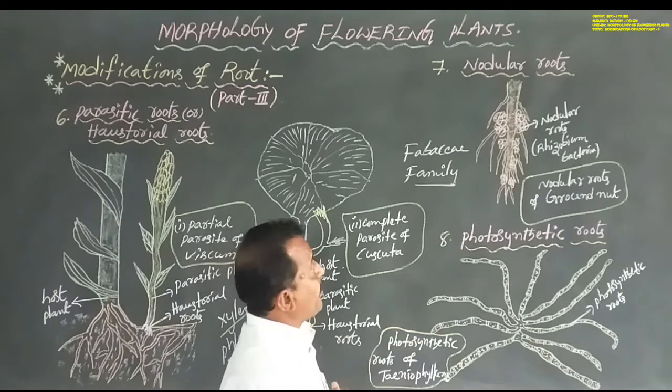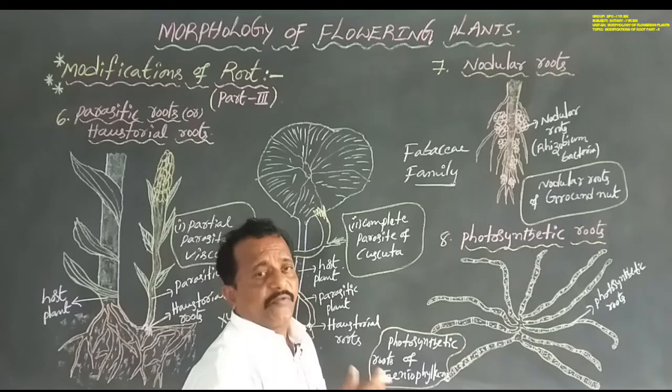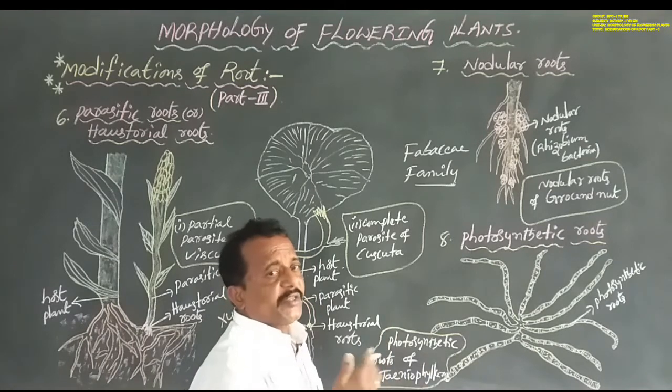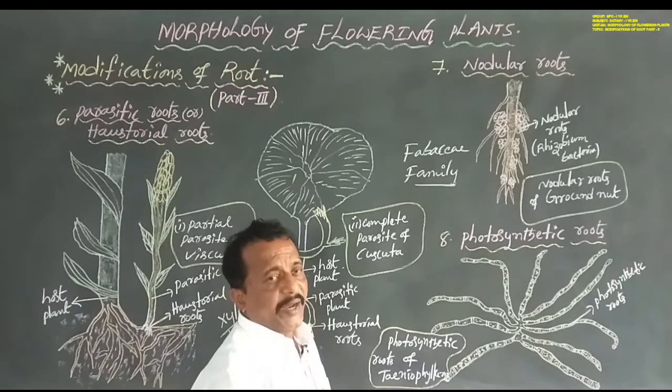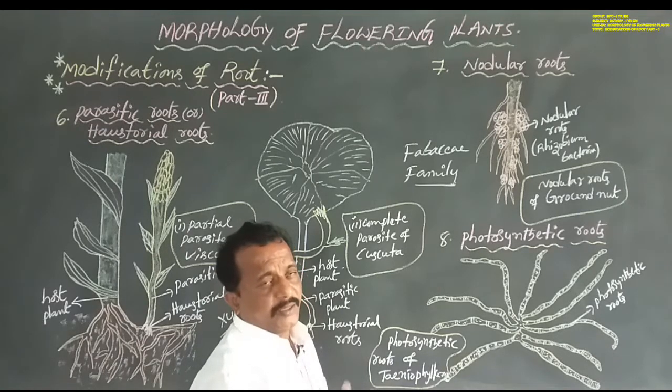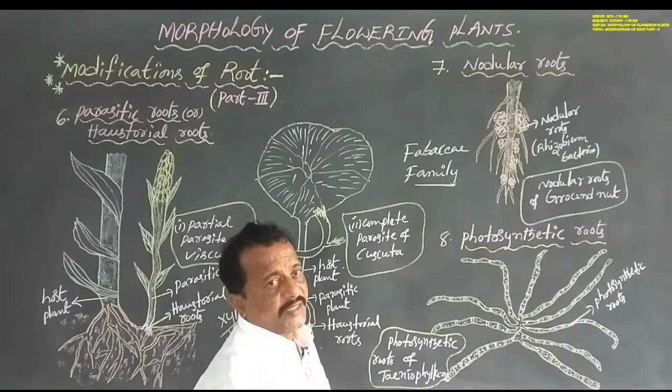These are also Fabaceae family members. The Fabaceae or Leguminosae family members are plants such as nut plants, bean plants and gram plants. The best examples are groundnut, soya bean, as well as red gram.